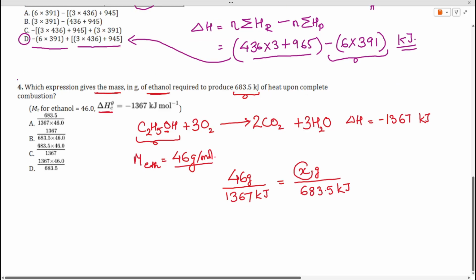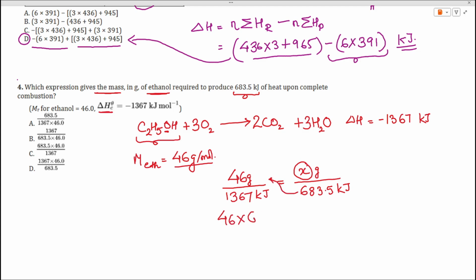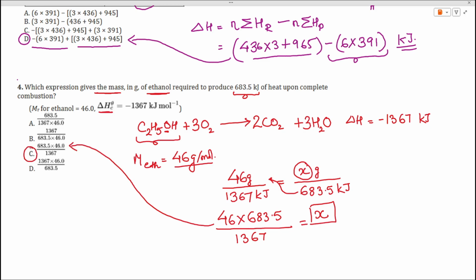If we want to solve for x, it is going to be 46 multiplied by 683.5 divided by 1367. So that is going to be our value of x. So which matches C? So C is the correct option for this question.